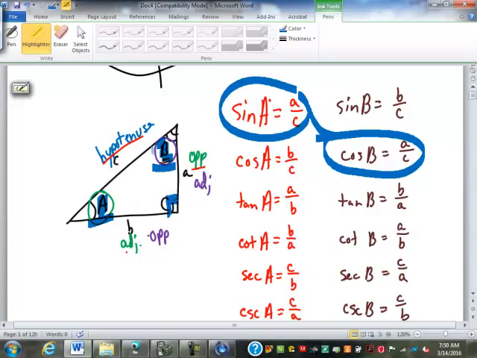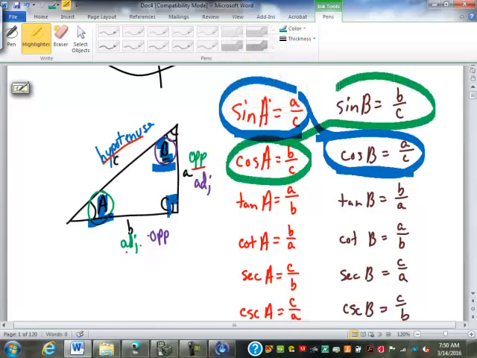A and B are complements. Because they're complements, remember the definition of cosine is the sine of the complement. So the cosine of B has to equal the sine of A. Likewise, the cosine of A has to equal the sine of B.